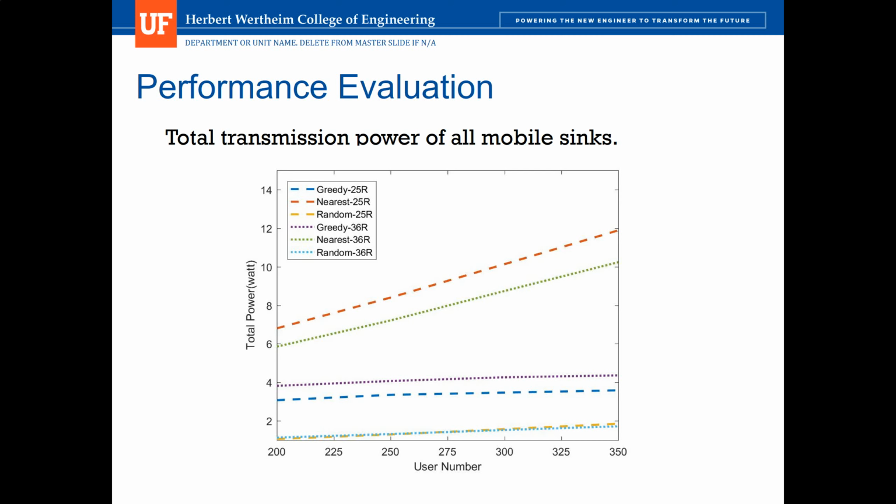We can see that our gradient algorithm is very stable, no matter the change of the user size or the change of mobile thing density. It shows that our proposed algorithm is a scalable algorithm. It's a stable algorithm.